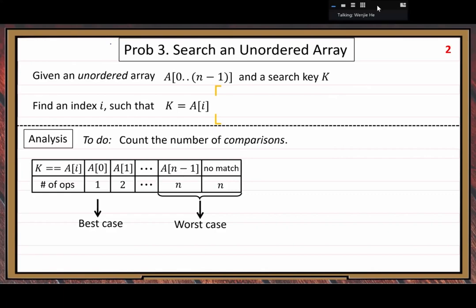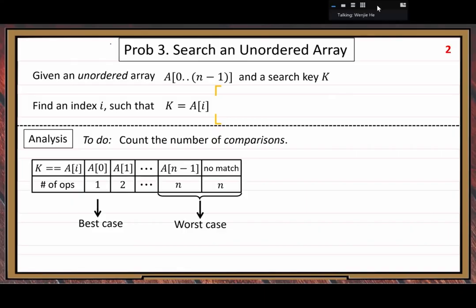Then the best case is not good. The worst case also not good. So what is the best way to give a fair measure for the overall efficiency?